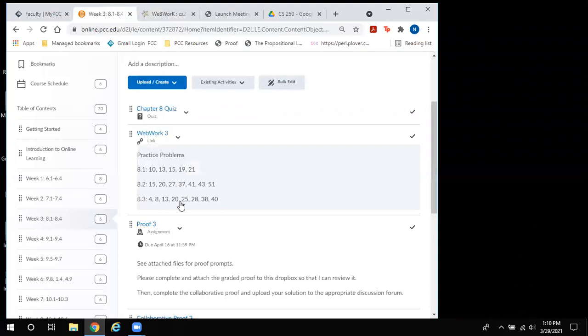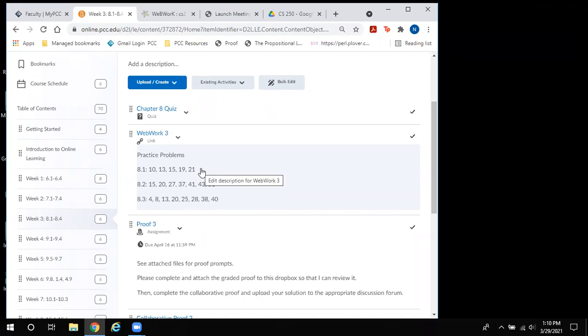These practice problems right underneath the web work, those are not graded, okay? So those are in your textbook, and they're just for you to cement your understanding. So, at the end of each section in your textbook, there's a list of problems, just like most math books, right? At the end of each section. And here are some recommended reading, right?